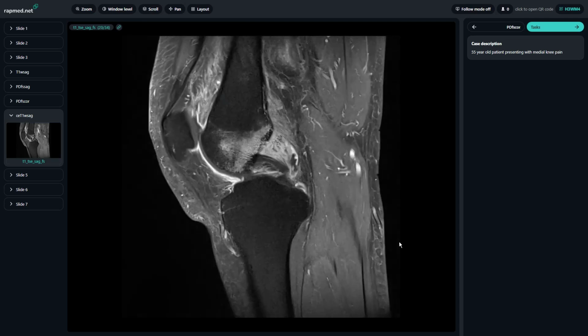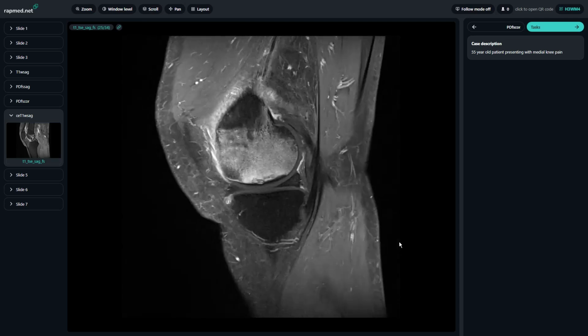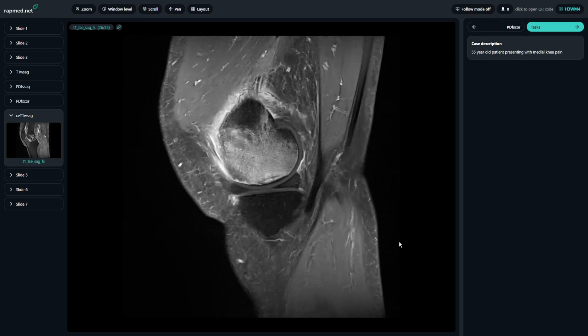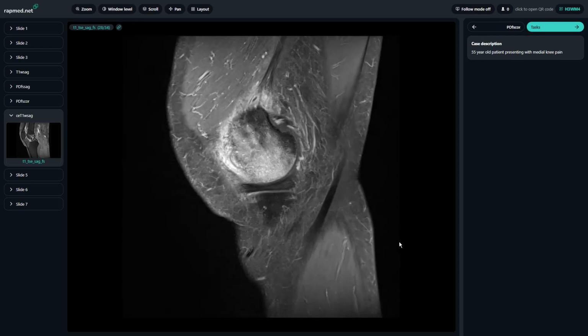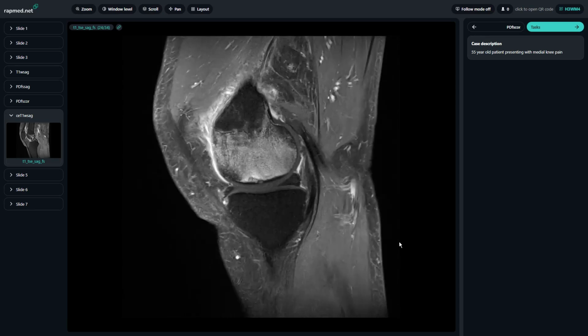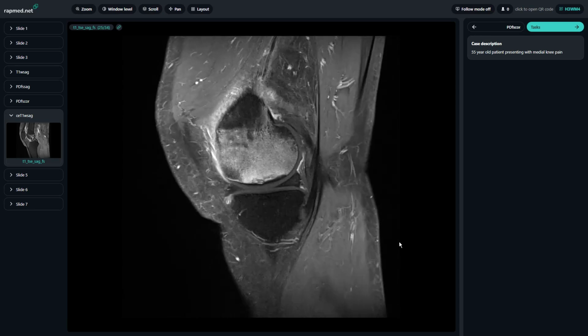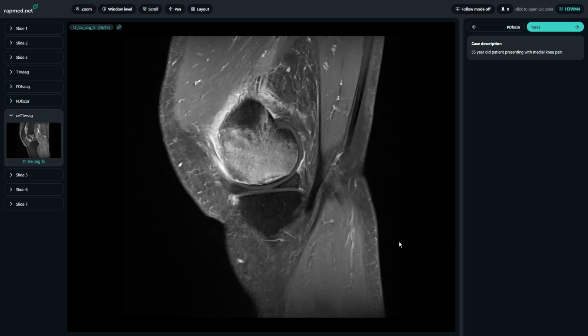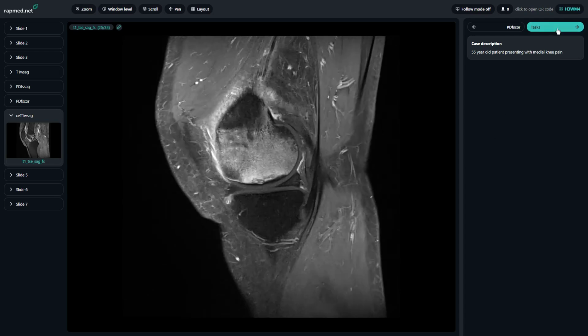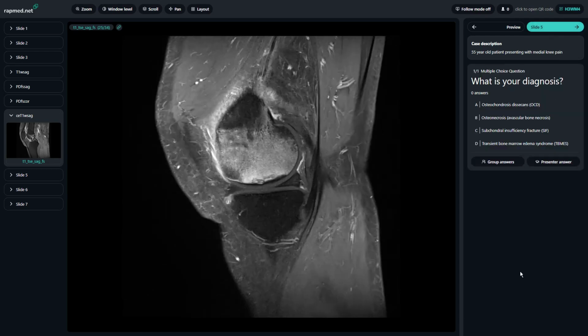And let's go closer to the medial femoral condyle. You see again the bone marrow edema signal because that takes up contrast material, but also you see now the fracture line.